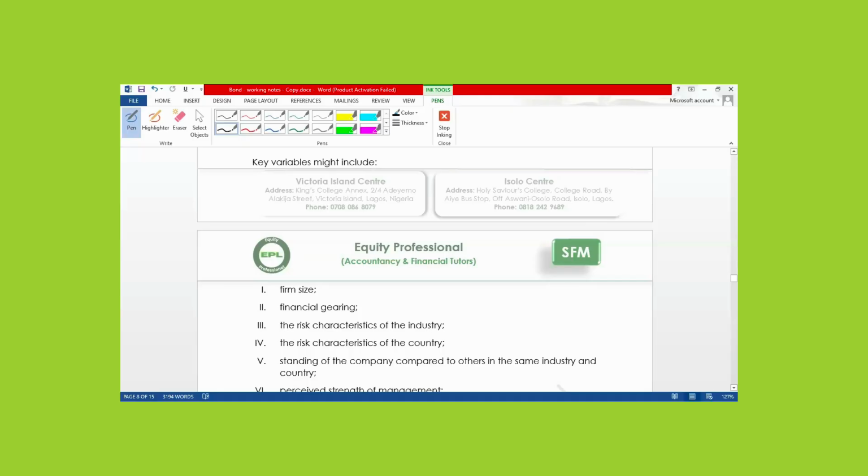Five, standing of the company compared to others in the same industry. Like saying Zenith Bank within the banking sector. What is the standing of Zenith Bank within the banking sector?